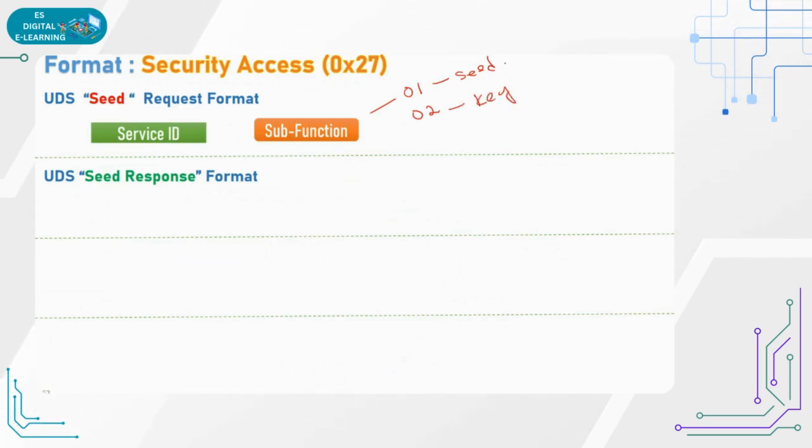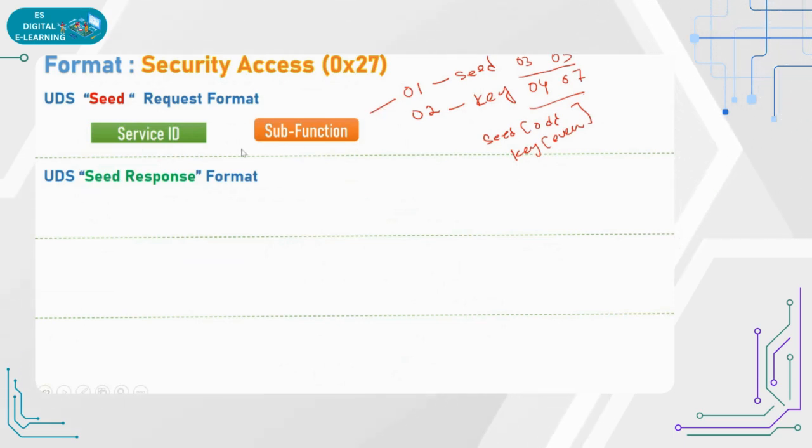If I give seed 03, the key value will be 04. Again, if the seed value is 05, it will be 06. Like this, seed and key will be followed. Seed is always odd numbers and key is always even numbers. This is what you should remember. Usually we consider 01 and 02, but in real time we use other numbers.